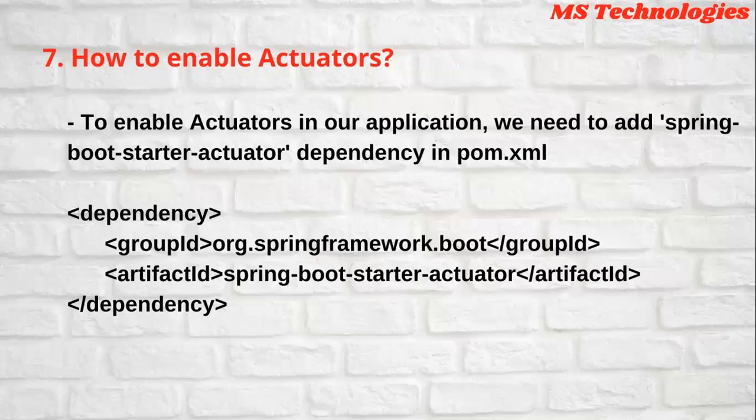How to enable Actuator in your project? If you want to use Actuator, first you need to enable it. How will you enable it? We need to add one starter dependency inside our application's pom.xml file.